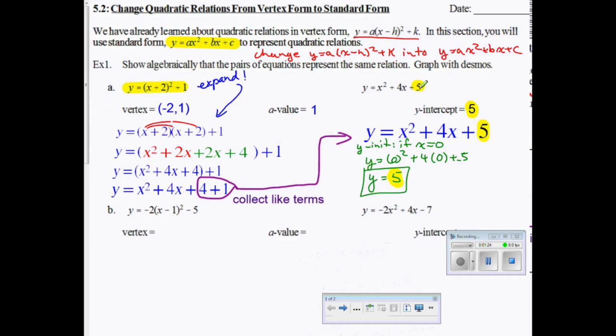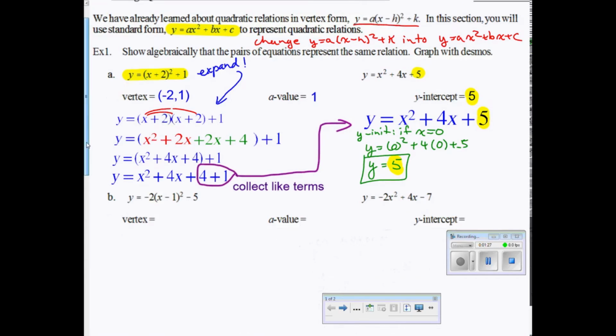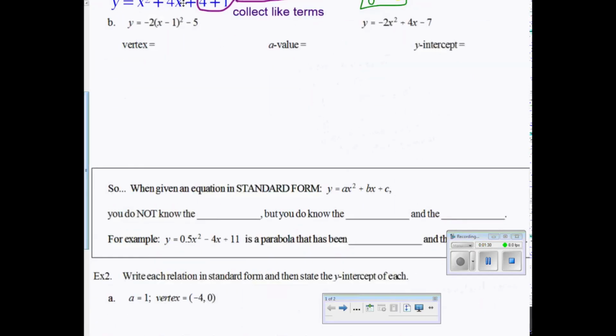So remember, a parabola in this form has a form in this. To get from here to here, you must expand, and when you get to this form, you now know that the whole number or the constant at the end of our equation is the y-intercept.